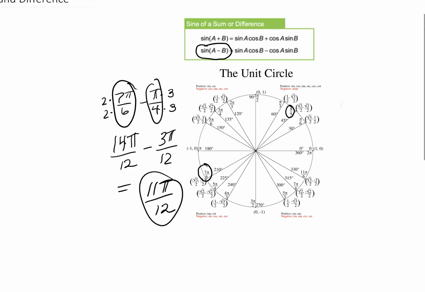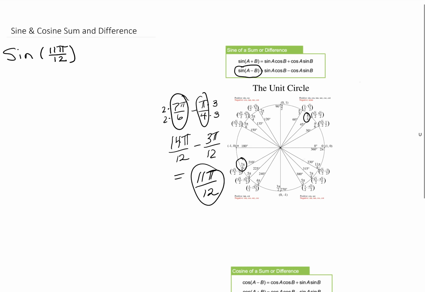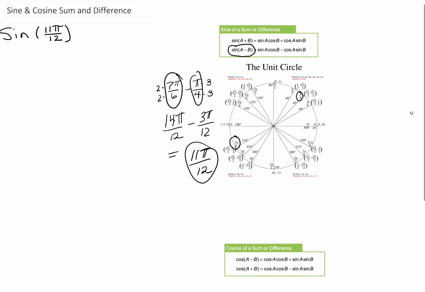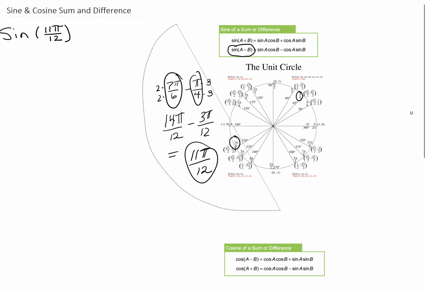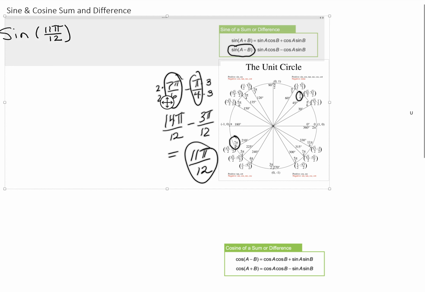So let's go ahead and zoom out and focus in on this area right here, sine of 11 pi over 12. So I've already picked my numbers. Actually, I can't move all of this over, so let's just write it out over here.